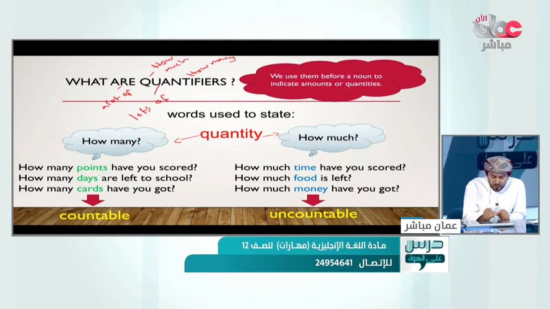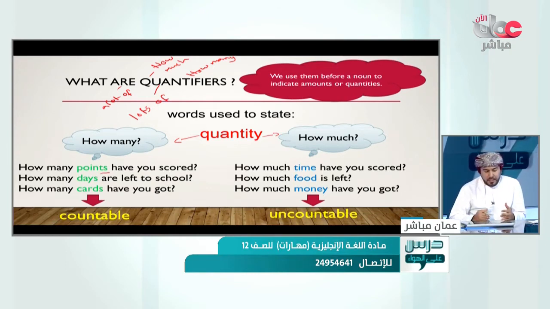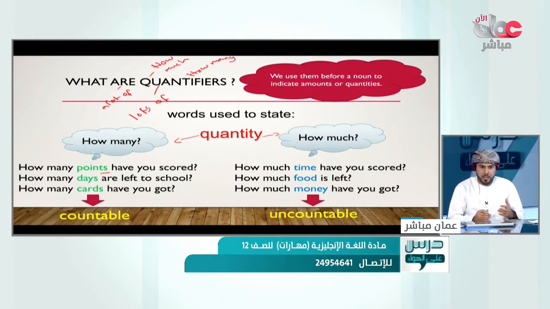What does countable mean? It means that we can count the nouns. Maybe when we say how many students are in the class? We can count them. Maybe they are 25 students, maybe they are 30 students. So the idea here is that we can count them.